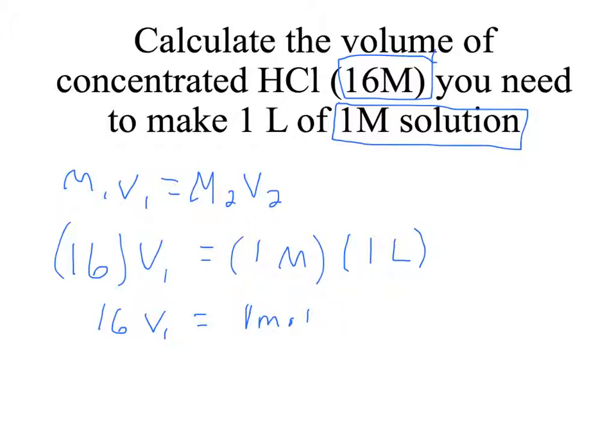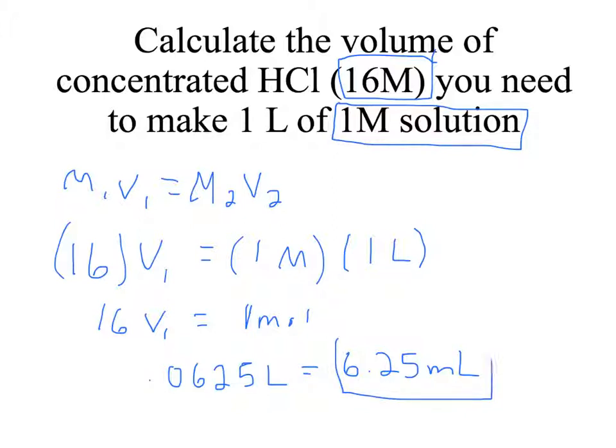We end up with 0.0625 liters, otherwise known as 6.25 milliliters. So when you're making this solution, you take 6.25 milliliters of concentrated hydrochloric acid and you use enough water to make it 1 liter. And voila, you have a much safer and much less dangerous dilution of acid.